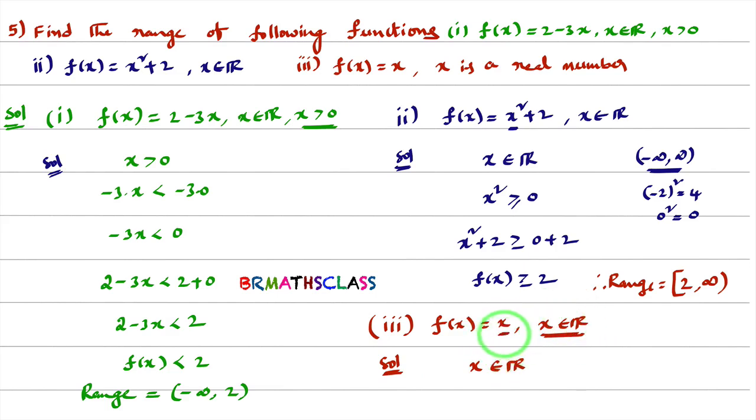What is x? x is f of x. In place of x I can write f of x. So f of x belongs to R. That means f of x is all real numbers. What do you say about the range of this function? The range of f of x is all real numbers.